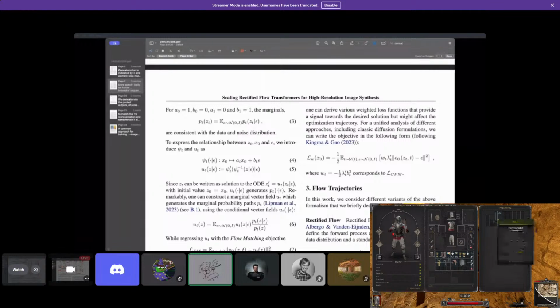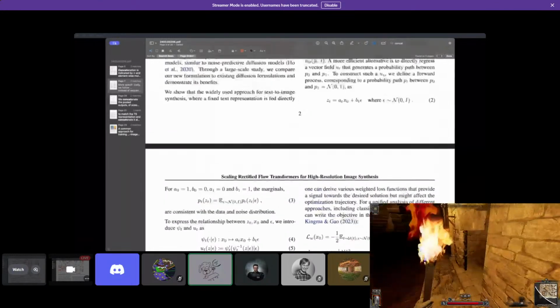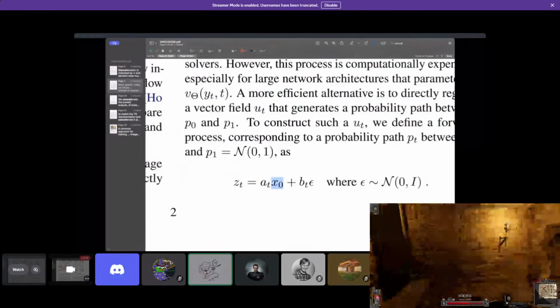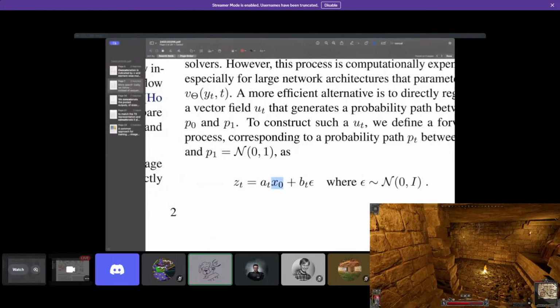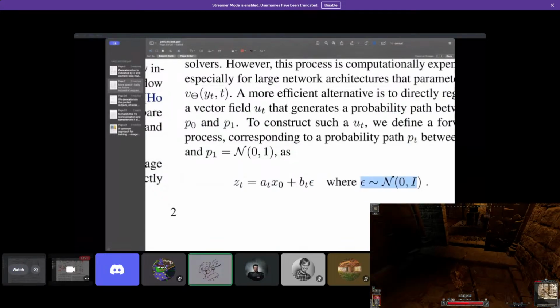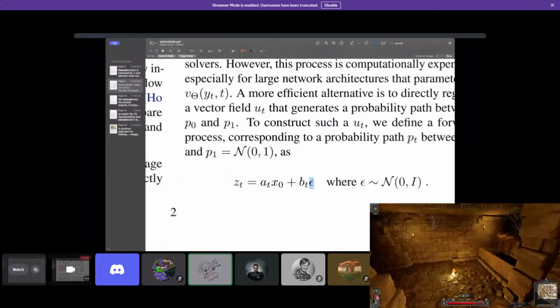they formulate the problem as mapping a noise distribution to a data distribution, an image in our case, and this is noise from the normal distribution. So Z is going to be some combination: I scale down the image, usually, and then I add corresponding noise on top.